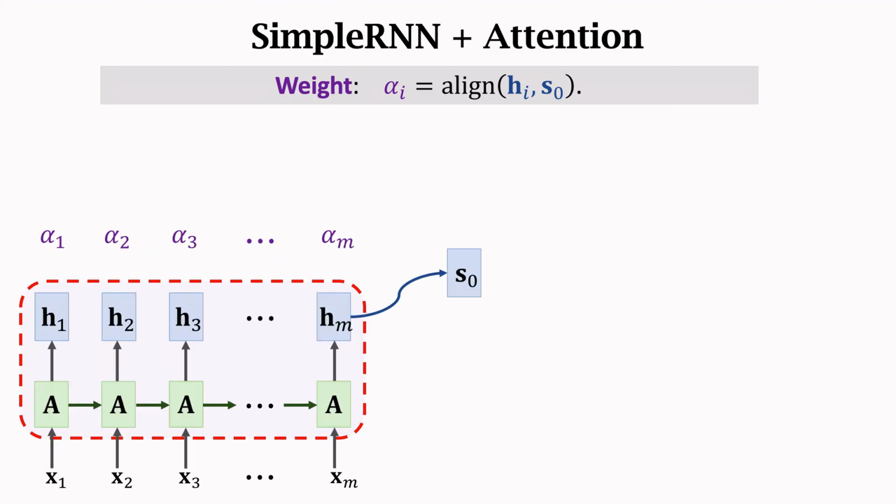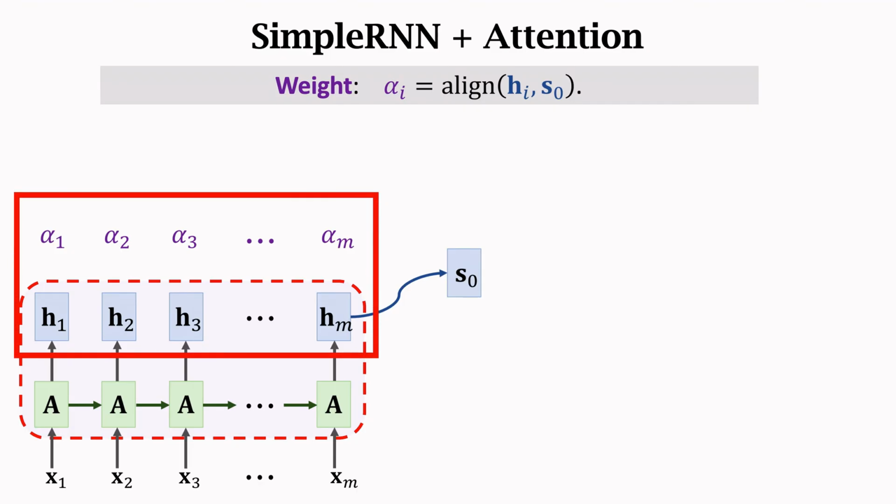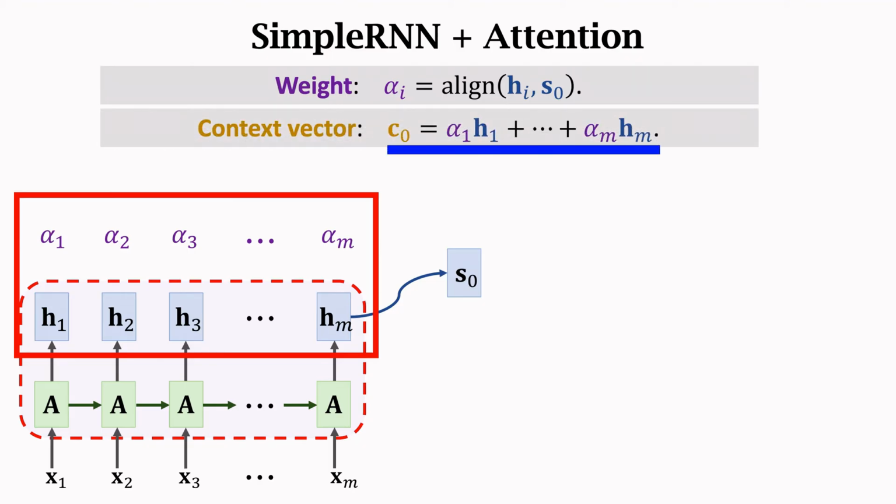Let's go back to the sequence-to-sequence model. We have found the weights alpha 1 to alpha m. Each alpha corresponds to an H vector. Next, compute the weighted average of the H vectors. The alphas are the weights. Let vector C0 be the weighted average of the H vectors.